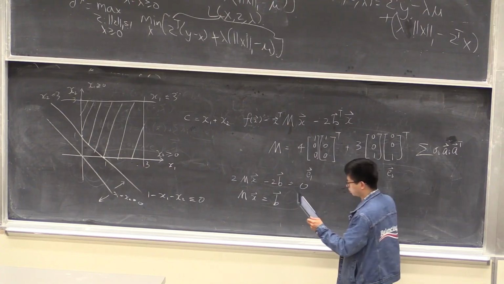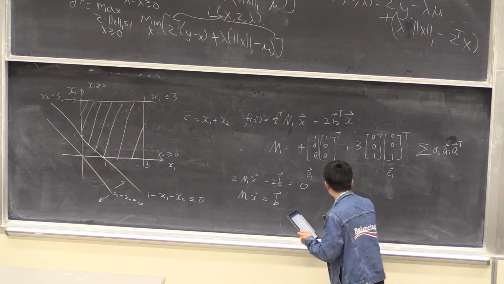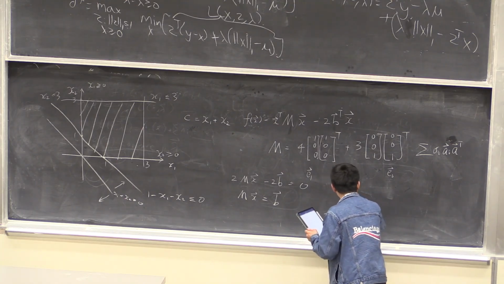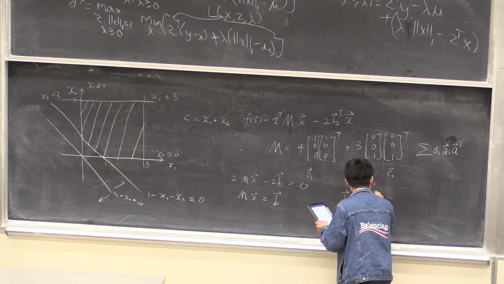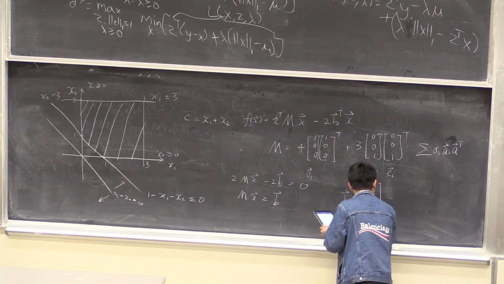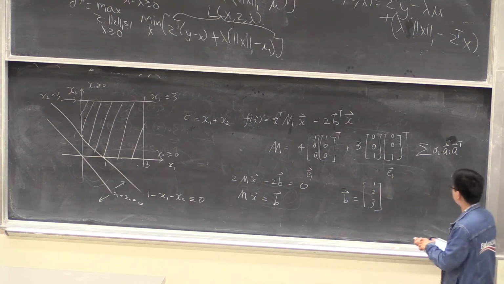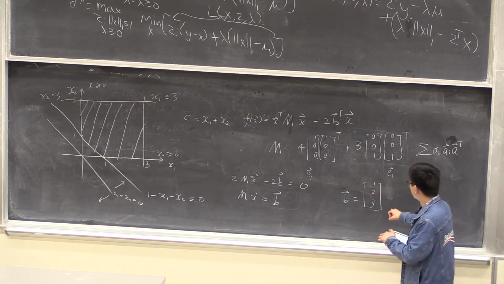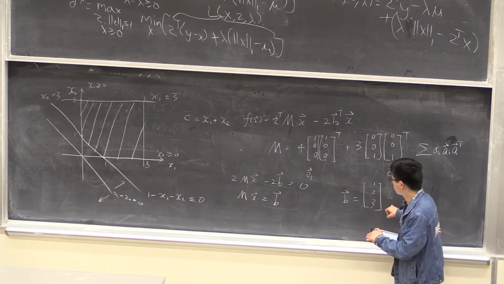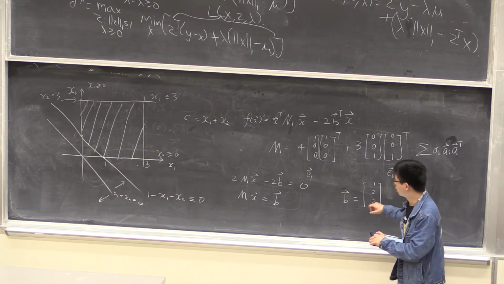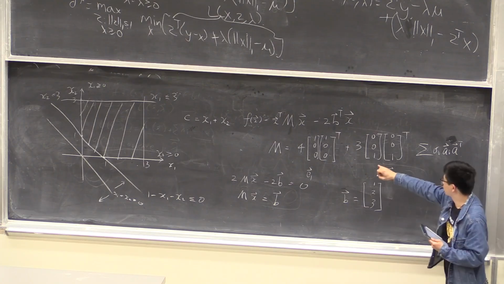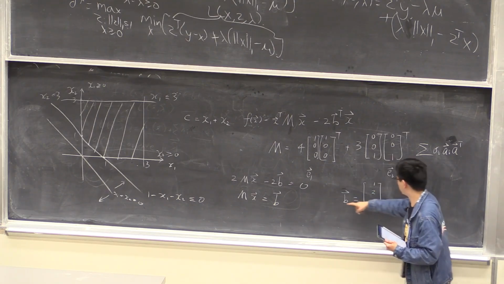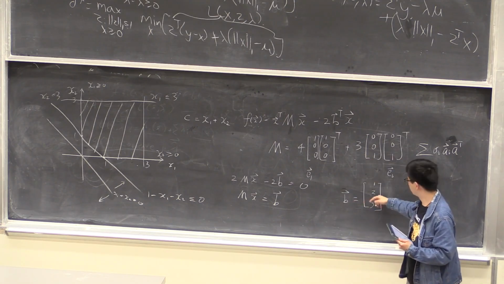So in the first problem, in A, if B is in the form 1, 2, so B is this specific vector, then this vector is in the null space, just looking at this formulation.